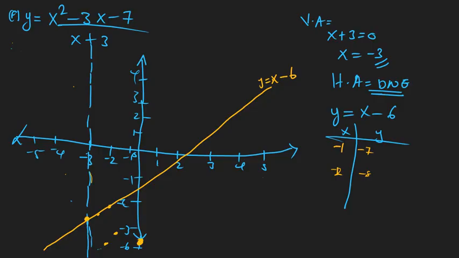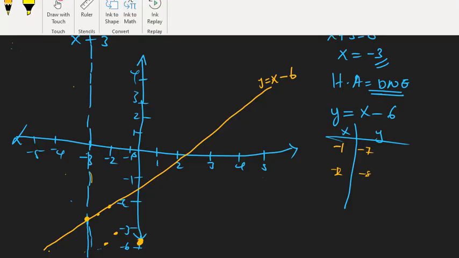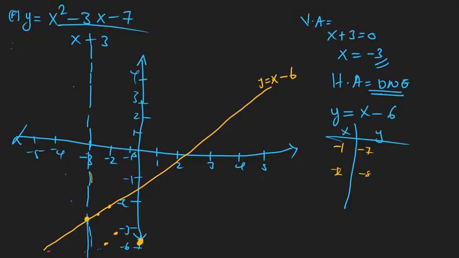So this is the vertical asymptote and the slant asymptote. You're going to have your graph coming out from this side. At the same time, your graph is going to come out from this side as well.